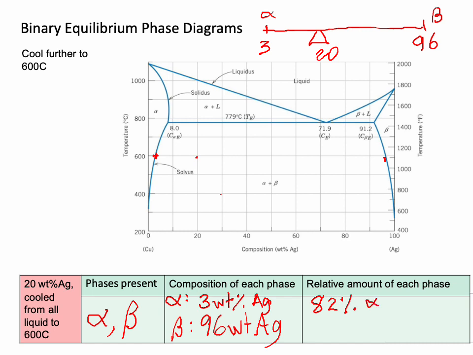And then the relative amount of beta is, here's beta over on the right, so I take the length on the other side, 20 minus 3, and divide it by the total length, 96 minus 3. So that's 17 divided by 93.